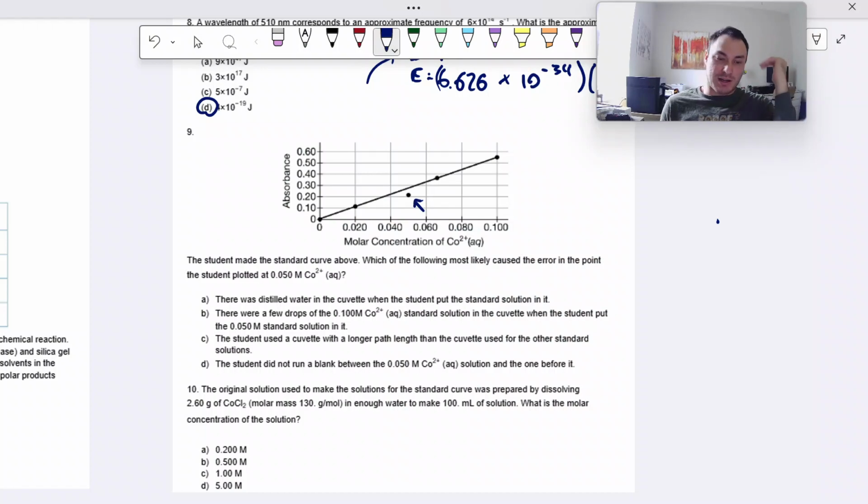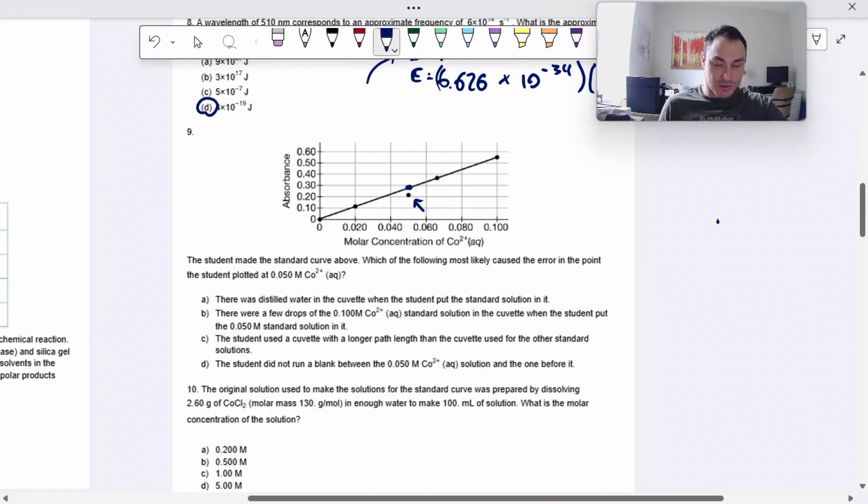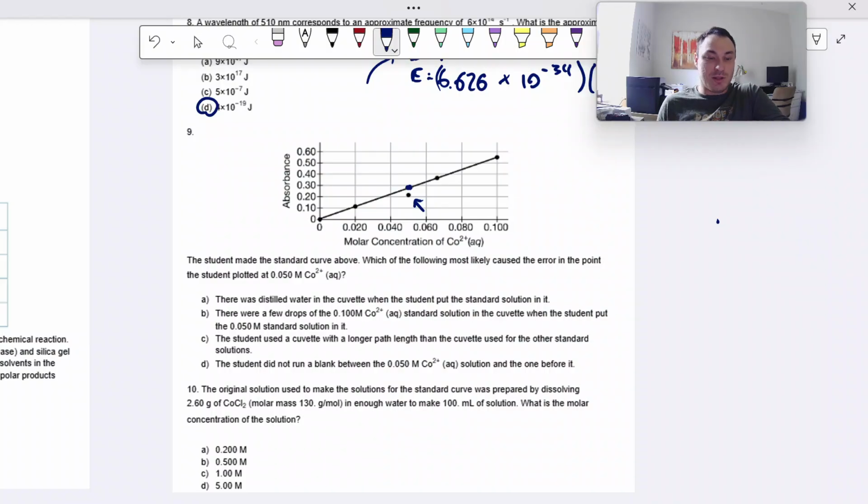Its absorbance is too low for the concentration. The point should be up here. It should be moved up. So what that lets us know is that for this concentration, we have too low of an absorbance. So something is causing the absorbance to be lower than what we expect.